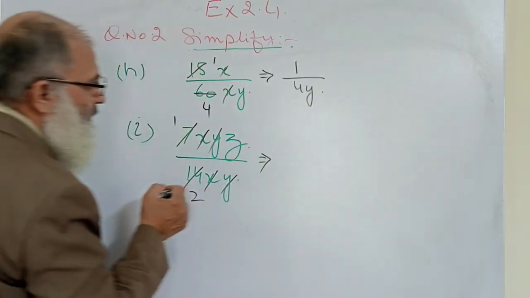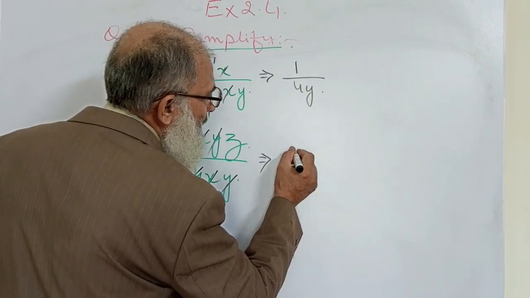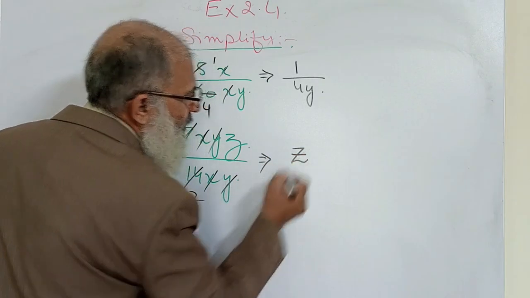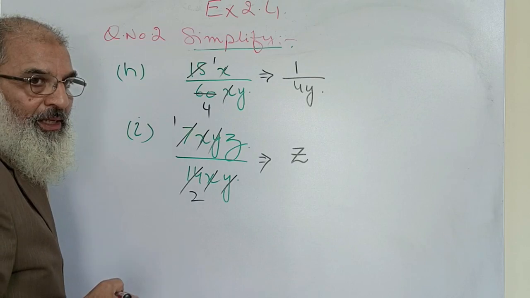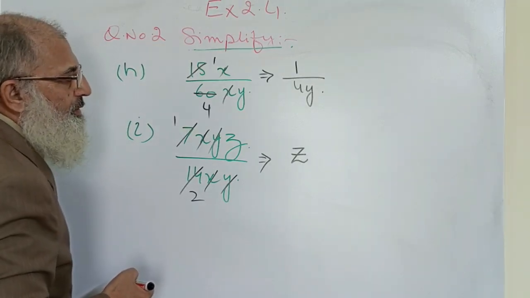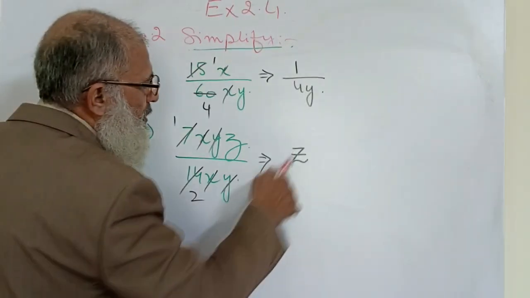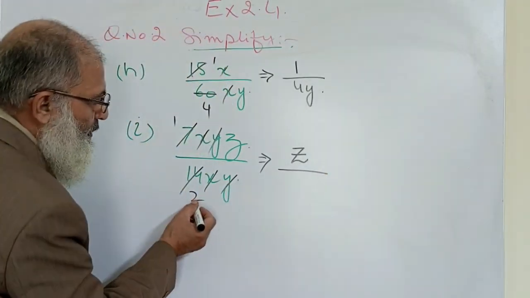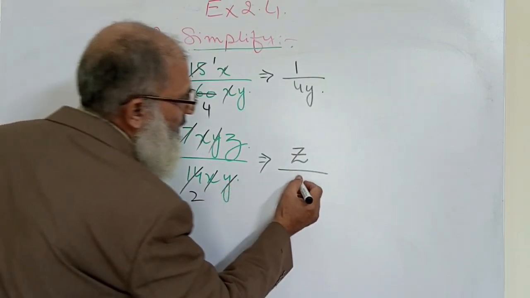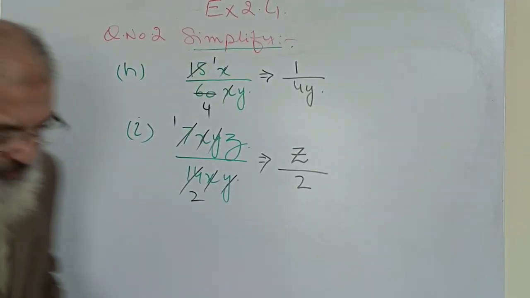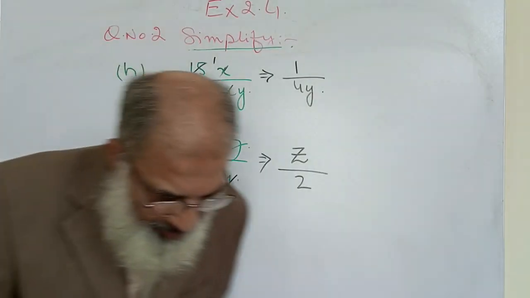So what will be the result? Final result is, you can write z like this to avoid any similarity with 2. You can cross z like this. 2, nothing is left and it will become z divided by 2.